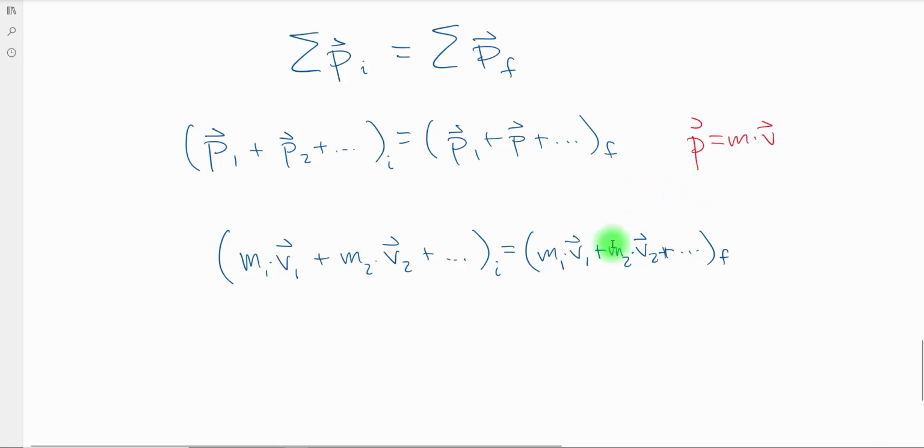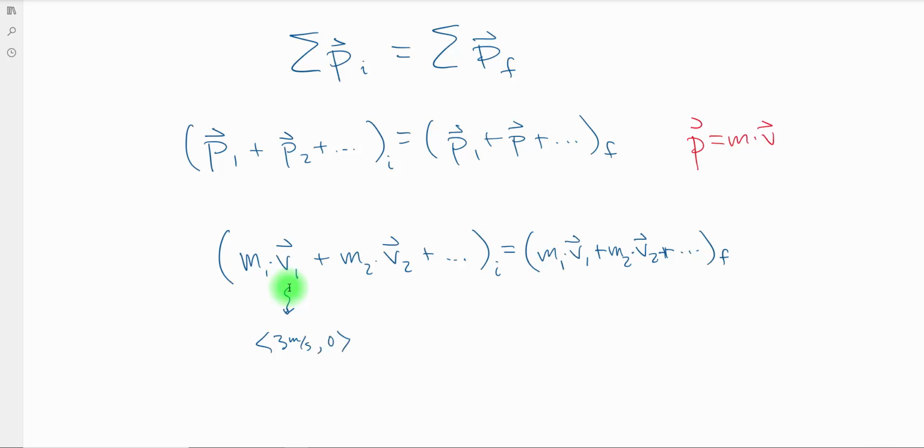Now what's important here is that these are vector quantities. So each of these velocities can have x and y components. If M1, let's say it's the dart, is moving along at some positive x velocity, we might write that as, for example, 3 meters per second, comma 0.